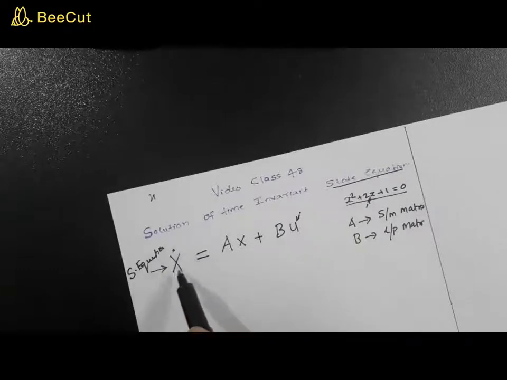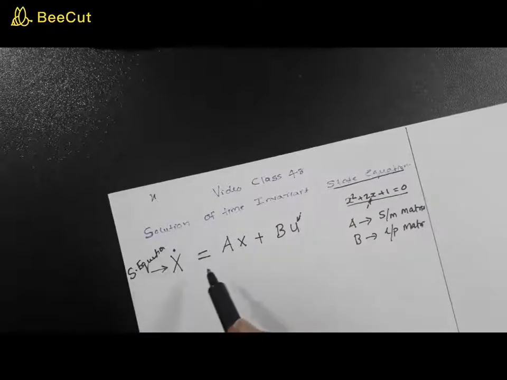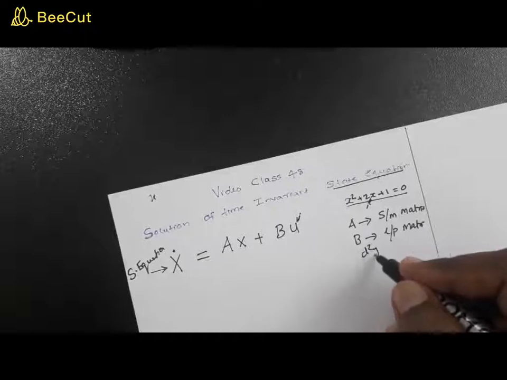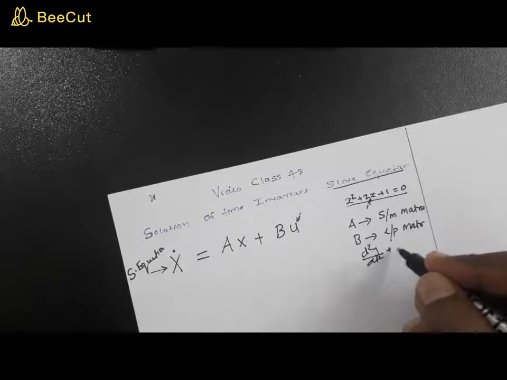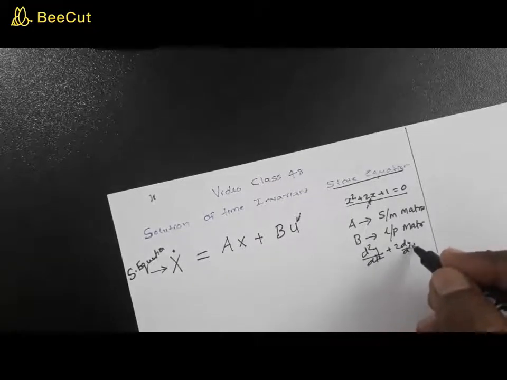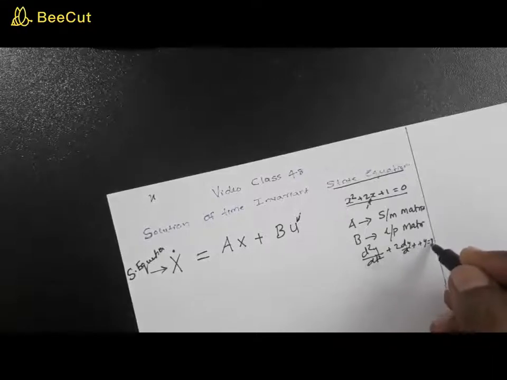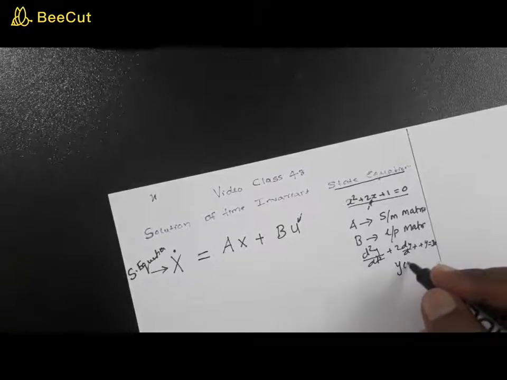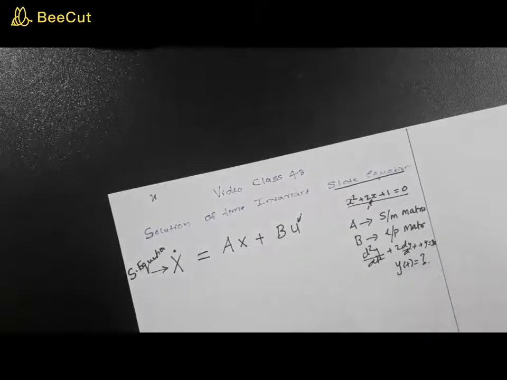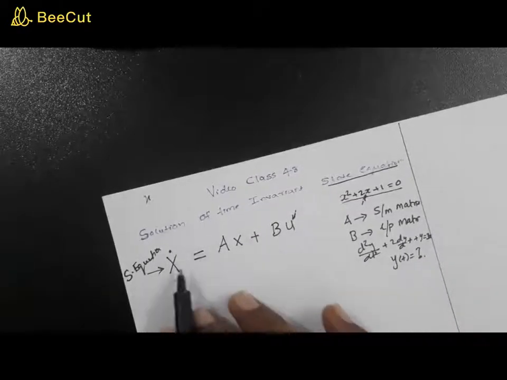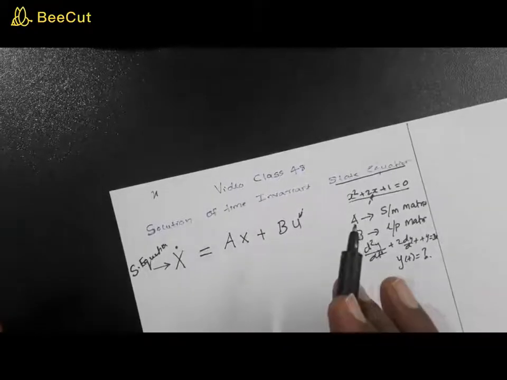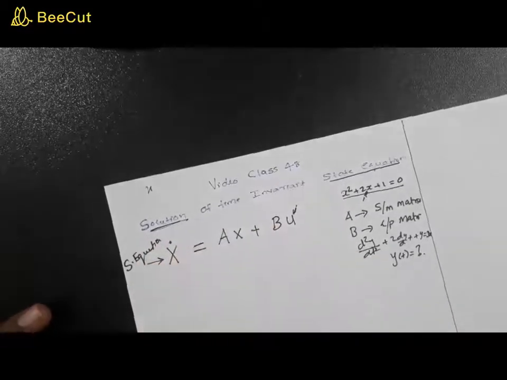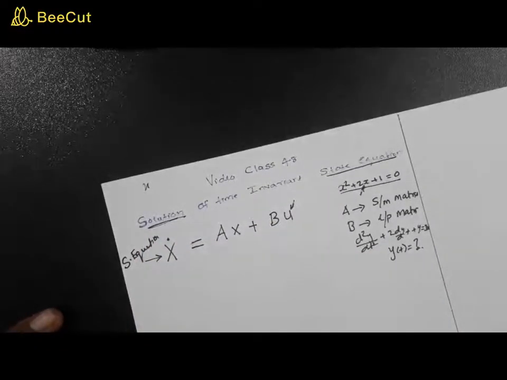Solving a differential equation means, for example, if you have an equation like d square y by dt square plus dy by dt plus y is equal to some 3x, and you are asked to solve it, you are going to find an expression for y of t. Similarly, you are going to find a value for x. That is what is called the solution of a time invariant state equation.